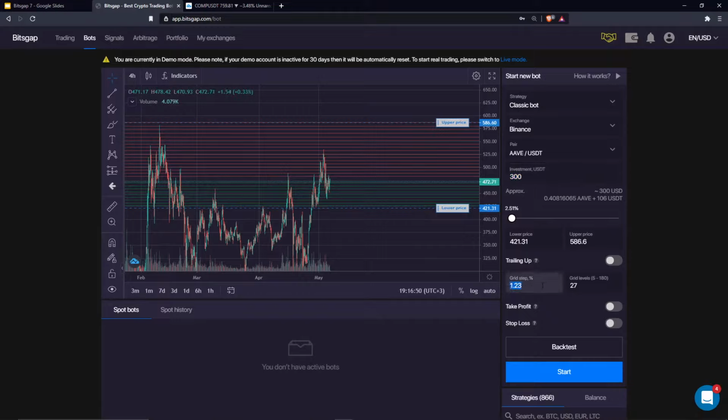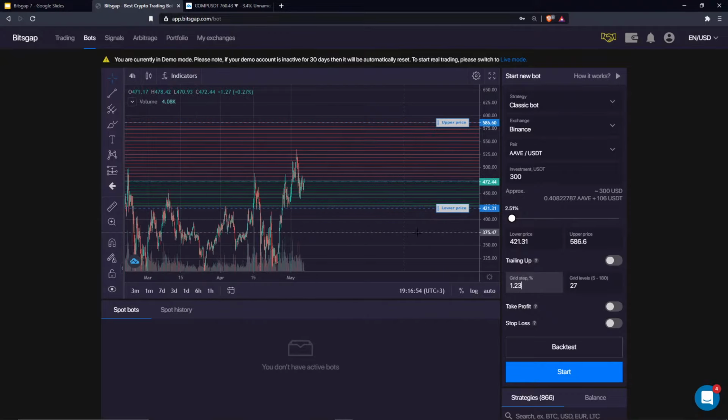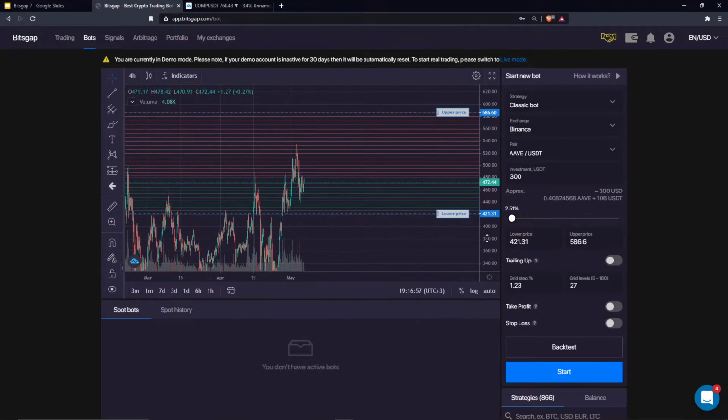And by doing so, your grid step is going to be 1.23%. So that's basically the distance between your limit buy and limit sell order. So that's the margin profit that you take from the market for each successful trade execution. And by successful trade execution, I mean the combination of buying low. So at first we have to see the bot executing the limit buy order, right?